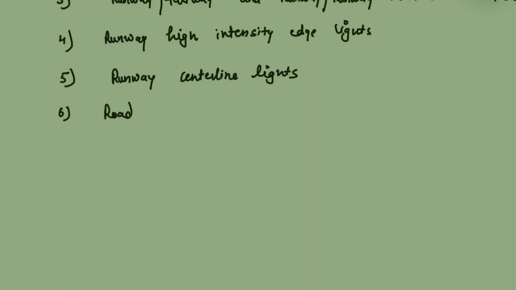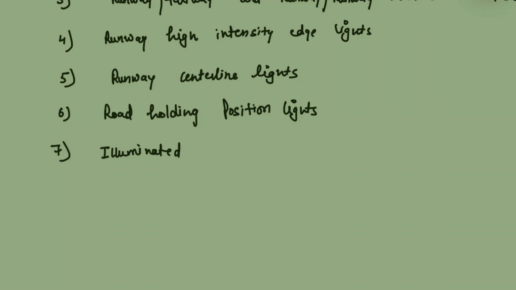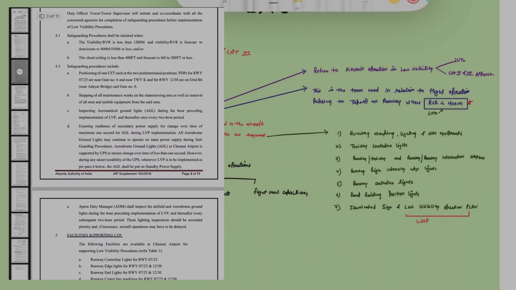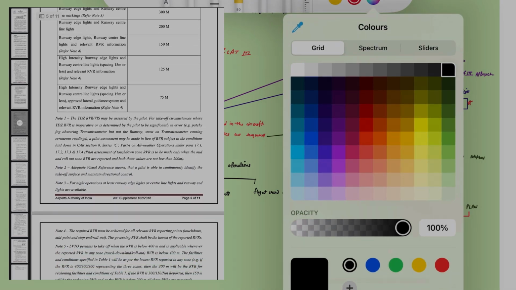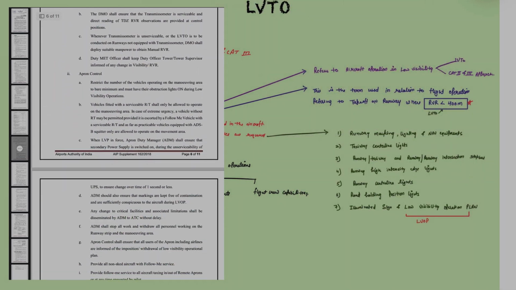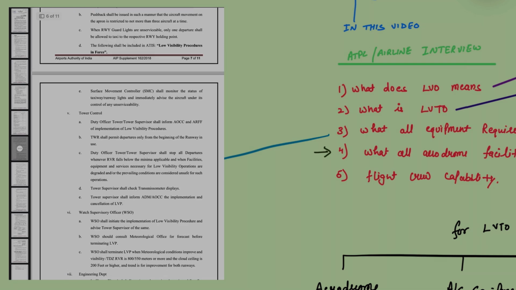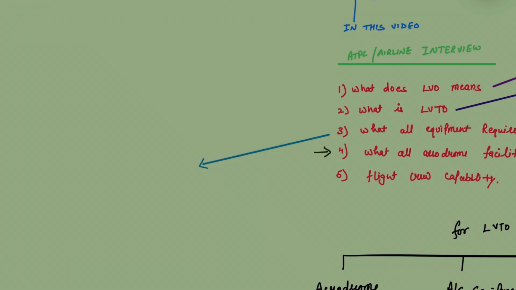Then 6th, runway holding position lights. And number 7, illuminated signs and low visibility operation plan, that is called LVOP. LVOP should be there at that airport, right?